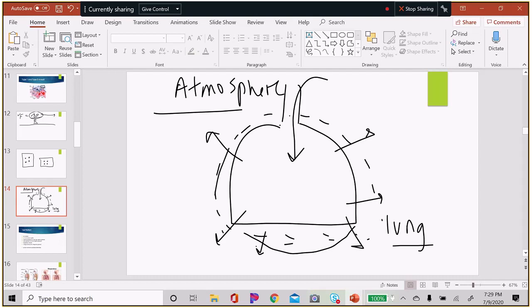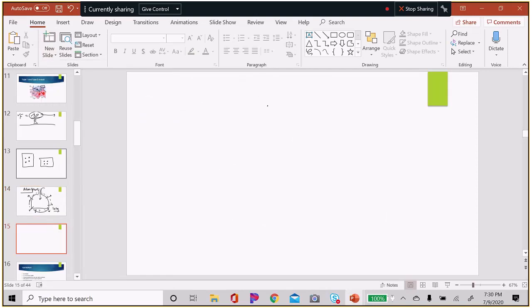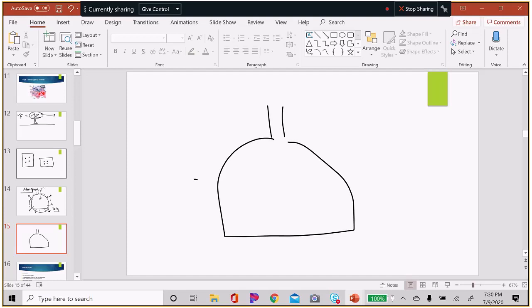So bringing the diaphragm down and raising the ribs, I can make this container larger, which will make air move from the atmosphere into the chest cavity. If the pressure between the atmosphere and the lungs is equal, then that's the end of inspiration, because now the pressure is the same, so there's nothing that will pull air into the lungs any further.